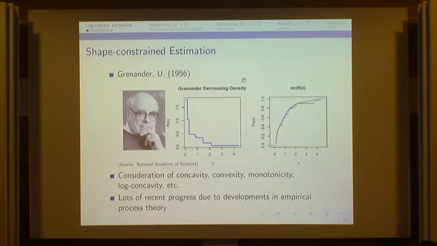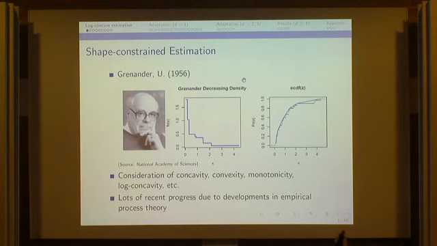If you take the derivative of that function, you get a piecewise constant function, because that's the same as the slope of this piecewise linear function. So that's the MLE. Grenander found this is equal to the maximum likelihood estimator, and we call it the Grenander estimator.